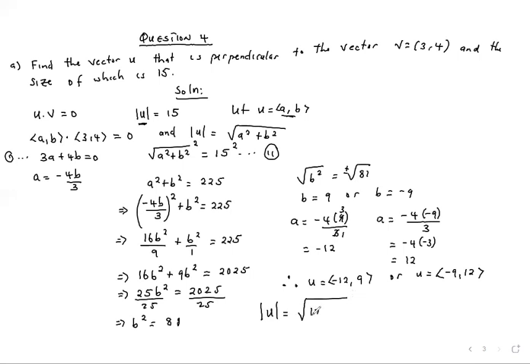It will be the square root of -12 squared plus 9 squared for the first one. 12 by 12, 144. 144 plus 81, 225. The square root of 225 is 15. So we have proved it. This check is necessary only for us to see, not for the examiner though.